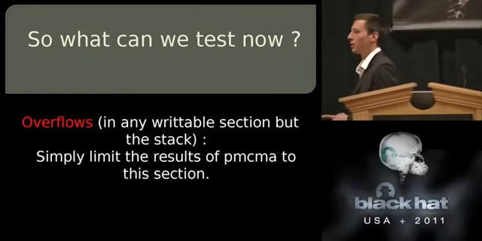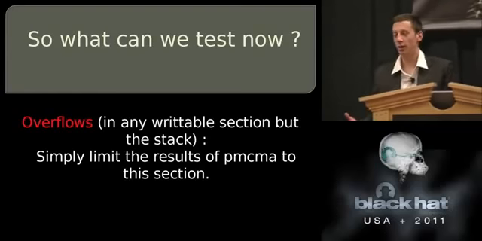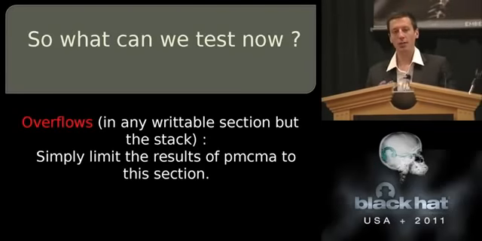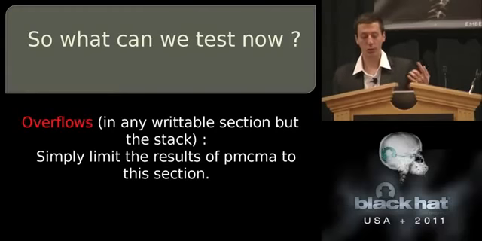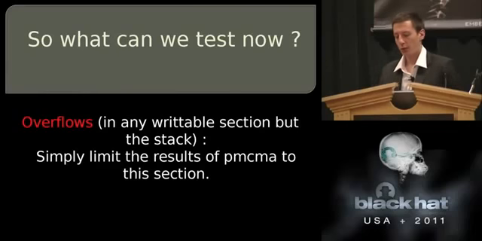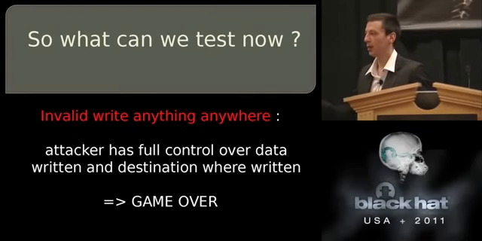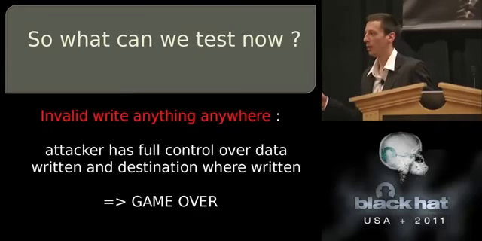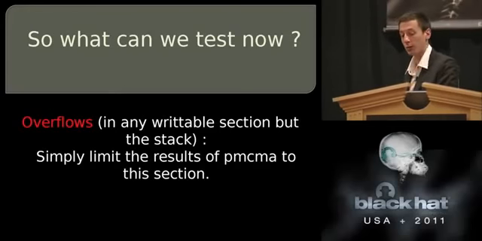Okay, so overflows are a particular kind of invalid memory write. We can see it that way, in the sense that they usually have a length. Instead of writing just 4 bytes or one pointer, they overwrite memory sequentially. The tool can check invalid memory writes which happen randomly at a very precise location, or overflows.